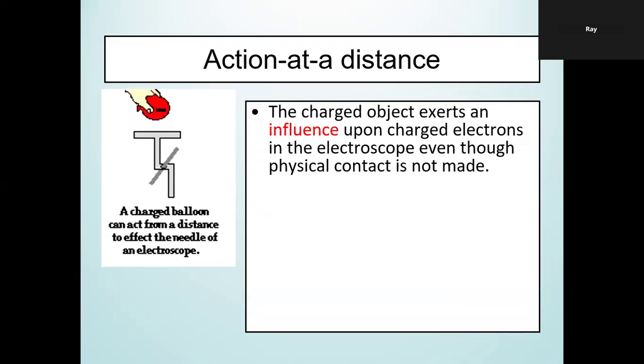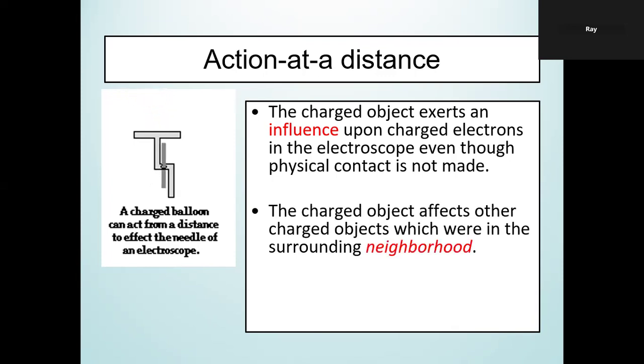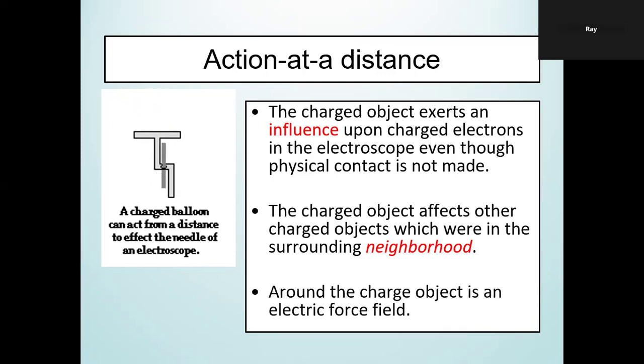The charged object exerts an influence upon the charged electrons in the electroscope even though physical contact is not made. The charged object affects other charged objects in the surrounding neighborhood. Around the charged object is an electric force. Right? We say there's an electric field there. That's why it influences the electroscope.